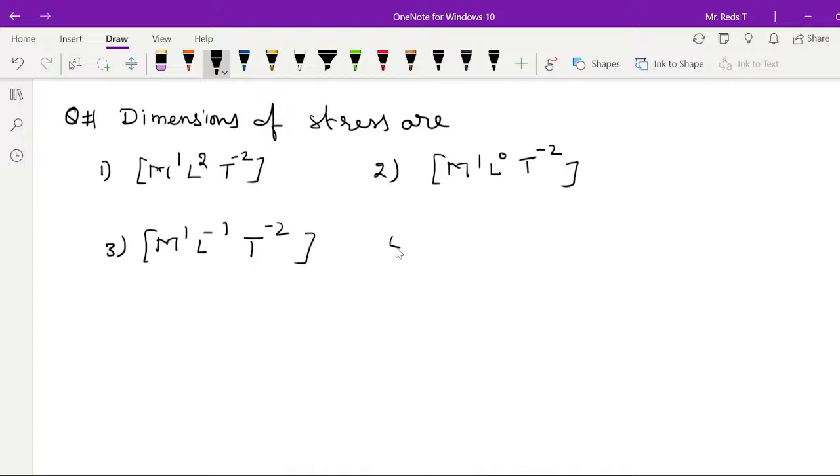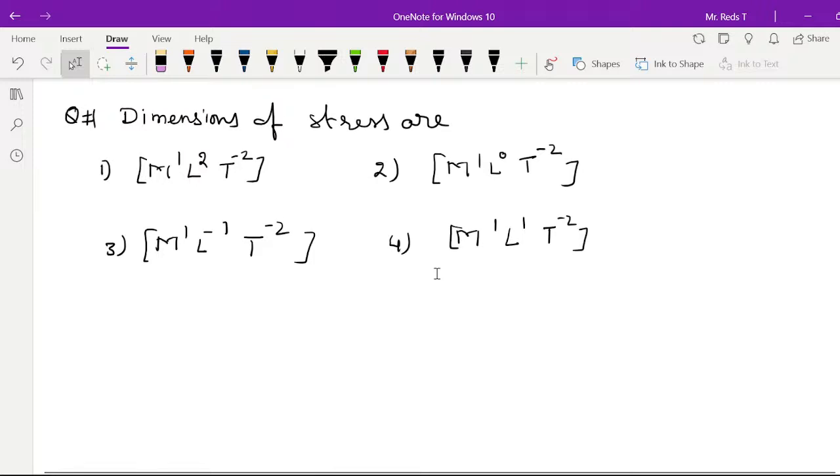And fourth option is M power 1, L power 1, T power minus 2. Right. So this is, you can note down here also, it is NEET 2020. It is asked in NEET 2020.